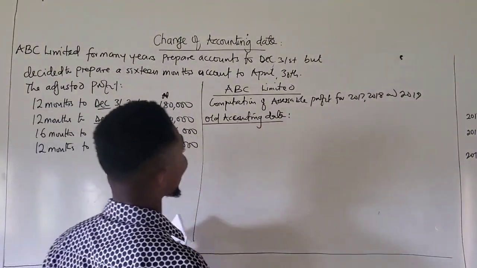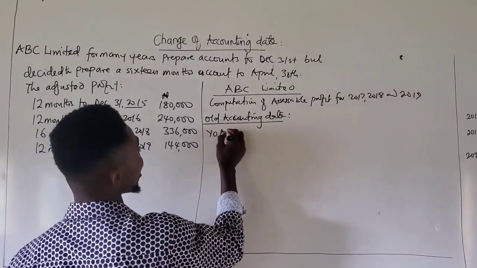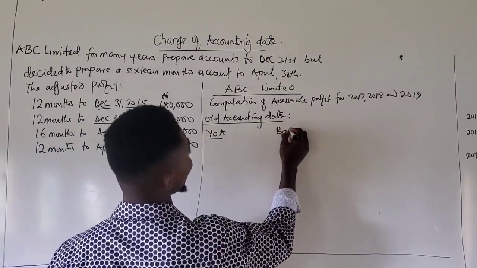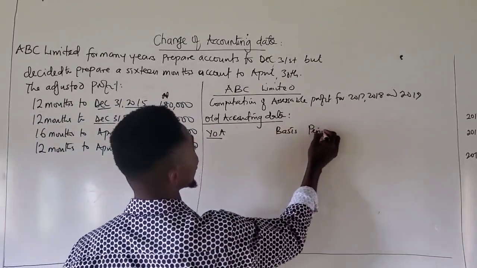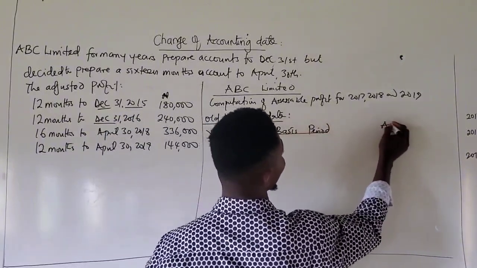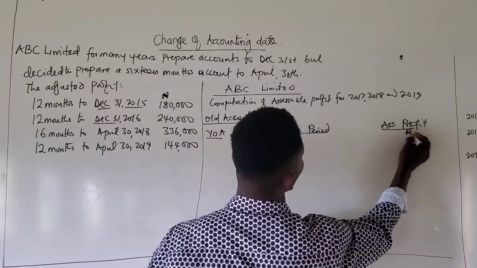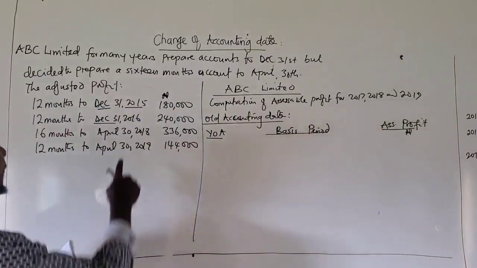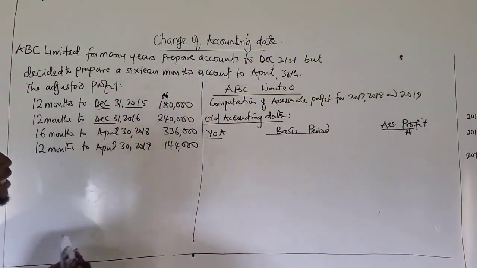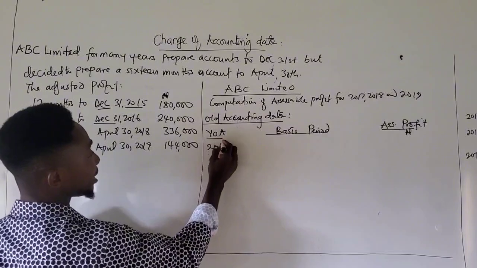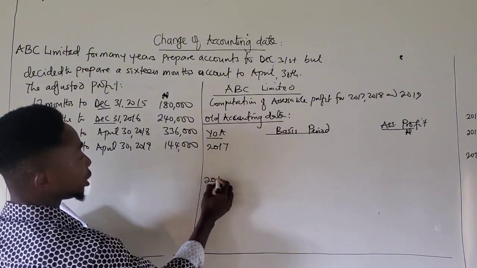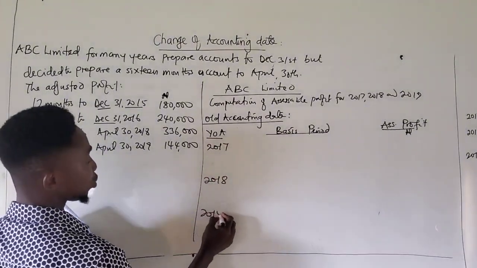Okay, so for the old accounting date, we have year of assessment, basis period, and assessable profit. We've identified that the year they failed to make up accounts based on the old accounting date is 2017. Then the 2 years following, 2018 and 2019.